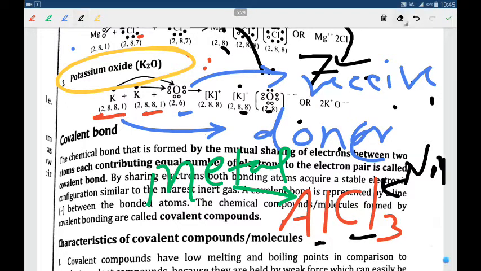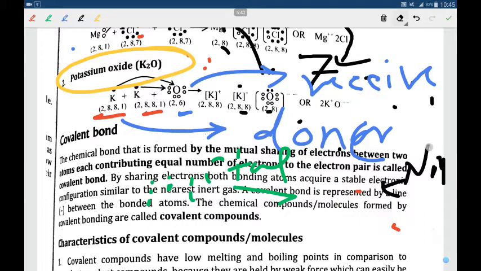That's why the molecule forms. So make your concept clear. The bond between a metal atom and a non-metal atom is electrovalent bond, where one atom donates electrons and the other receives electrons. Is that clear?